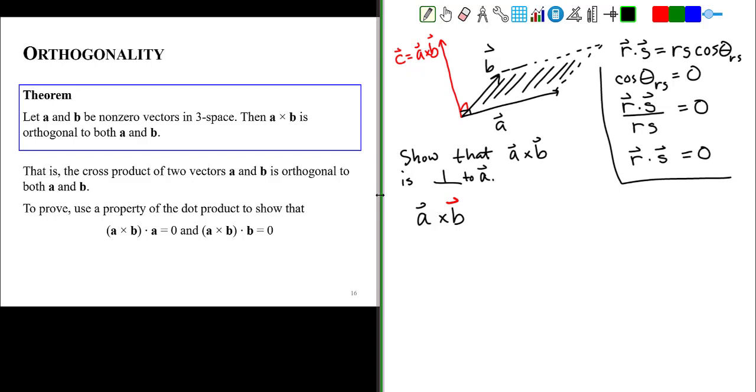So with A cross B being one of our vectors, if we dot it with vector A, we have to show that that is equal to 0.